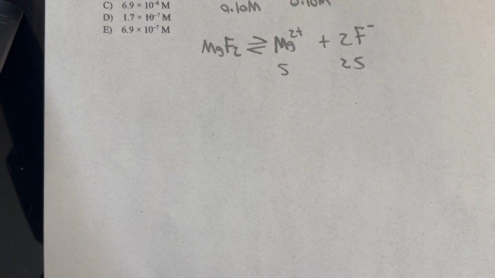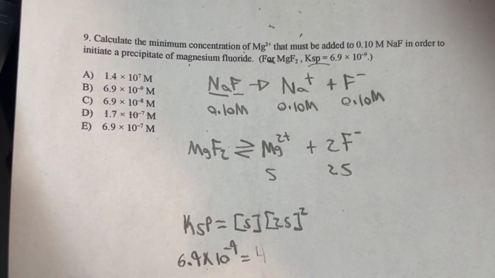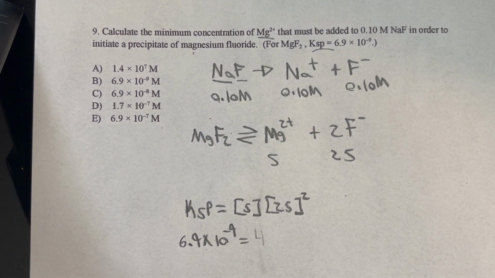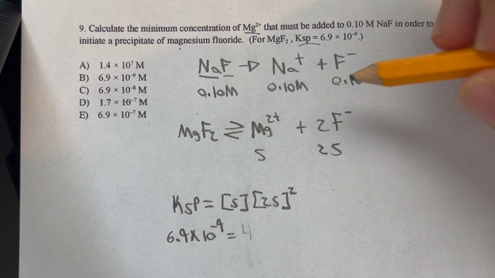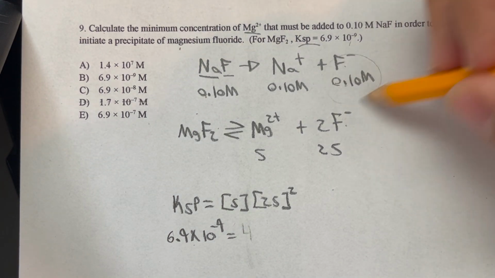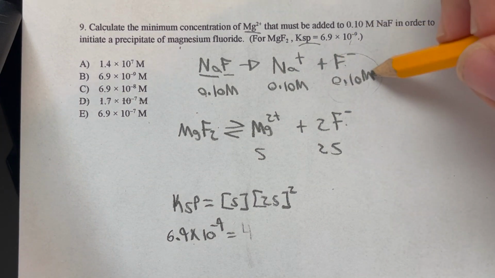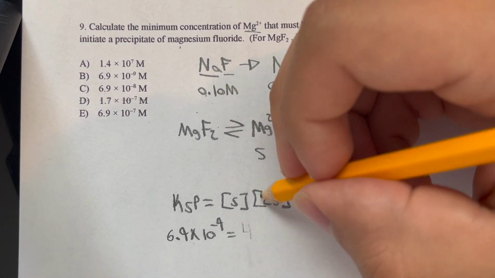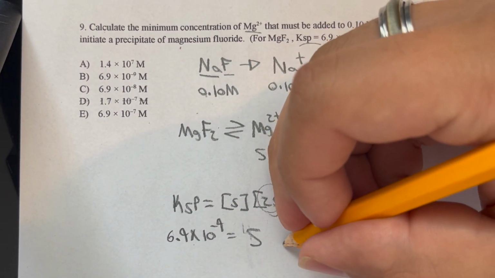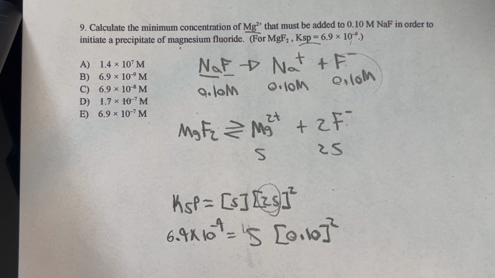All right. Now we'll set up the KSP expression. We want to know the minimum concentration of magnesium ion, right? Notice how we know the concentration of fluorine, right? It's 0.10 molar. So then this is the minimum concentration we need. So we're going to replace the fluoride concentration by 0.10, and then this becomes S times 0.10 squared.